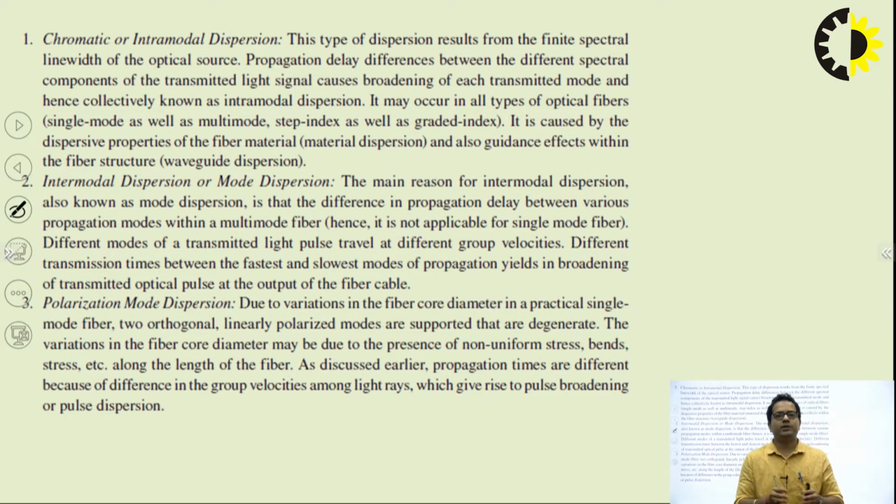Because of the different speed or velocity of each frequency, they will arrive at the end of the optical fiber at different times. If they arrive at different times, there will definitely be a spreading of the pulse. Such spreading or broadening of a pulse is known as intramodal dispersion.